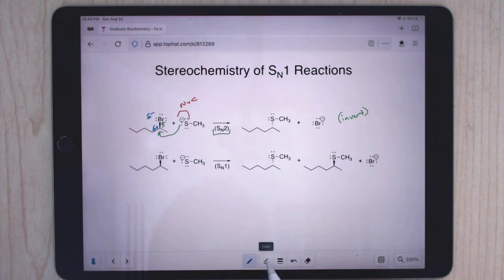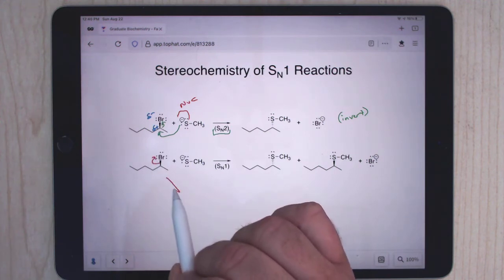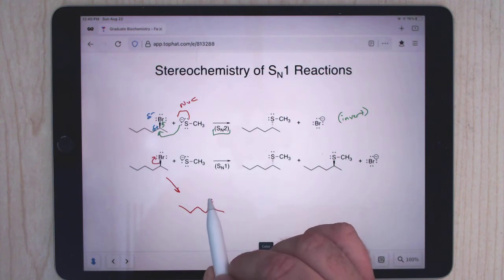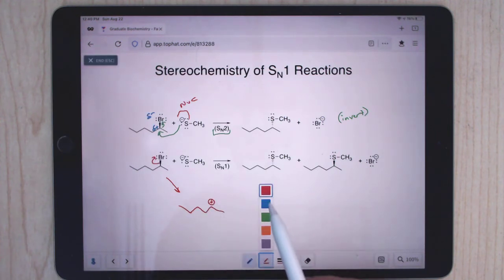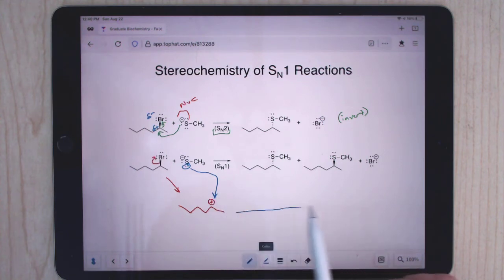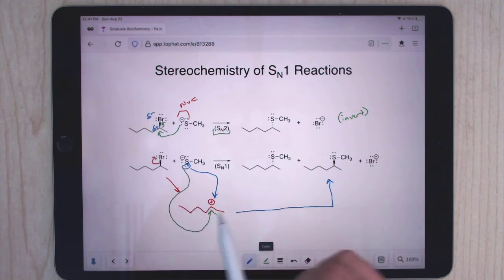If you're running under an SN1 condition, right, the first thing that happens is the leaving group leaves. And so you're going to get this. And so your nucleophile can either come in from the top to make this, or it can come in from the bottom and make that product underneath.